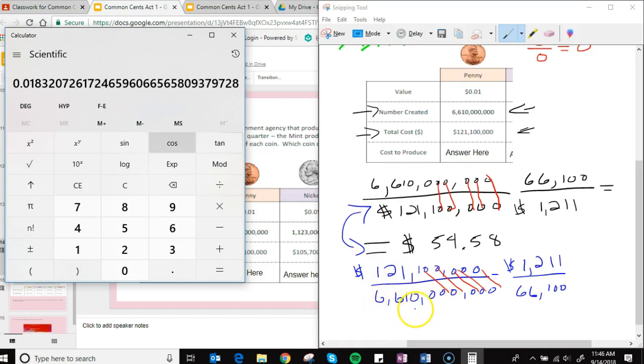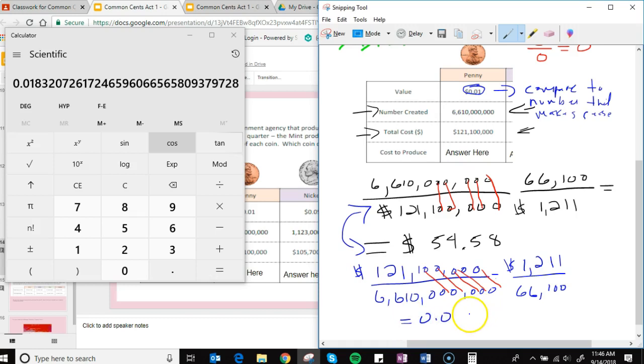But for this particular exercise, we want to be able to compare that number to a number that makes sense. When I write down this number, 0.0183, I'm looking at the thousandths place. I'm looking at the 8.